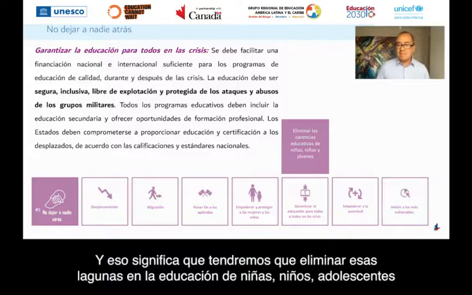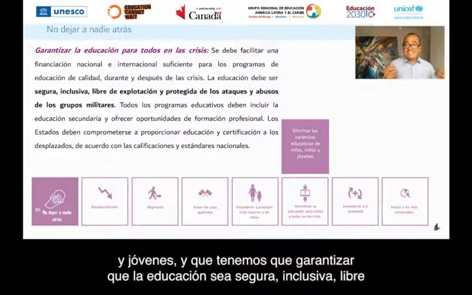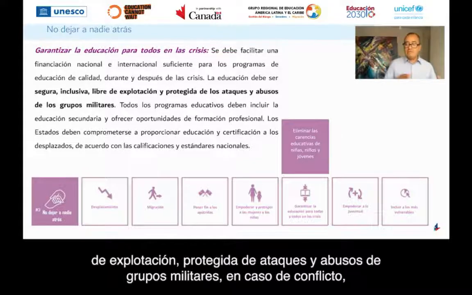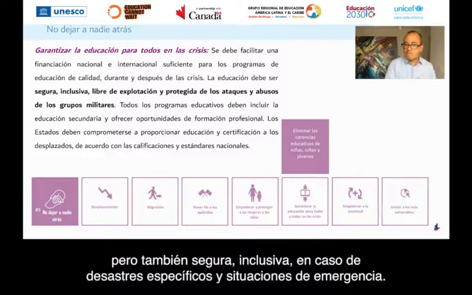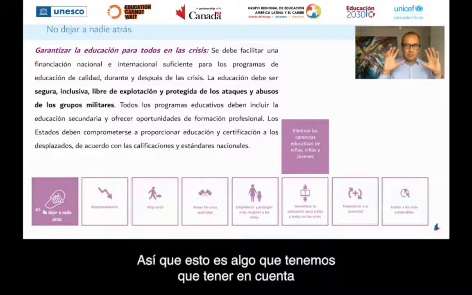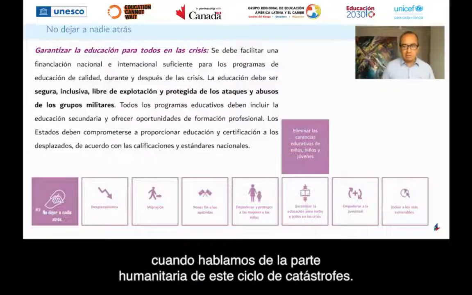And that means that we will need to eliminate those gaps in education for children, adolescents, and young people, and that we need to secure that education is safe, inclusive, free of exploitation, and protected from attacks and abuse of military groups in the case of conflict, but also safe and inclusive in the case of specific disasters and emergency situations. So this is something that we need to have in mind when we are talking about the humanitarian part of this disaster cycle.